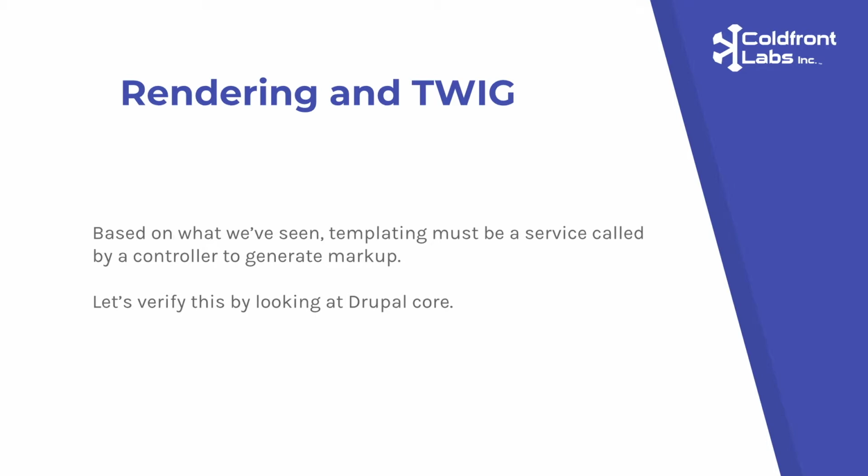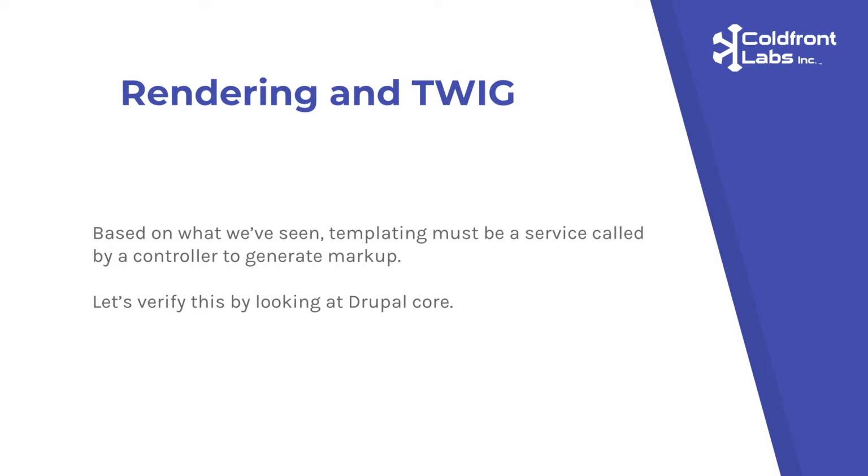So, based on what we know so far, controllers, to actually render the system into markup, we know Drupal 8 uses Twig, and we know that the controllers will do the rendering of what they have, so they need to have a service that renders into Twig.